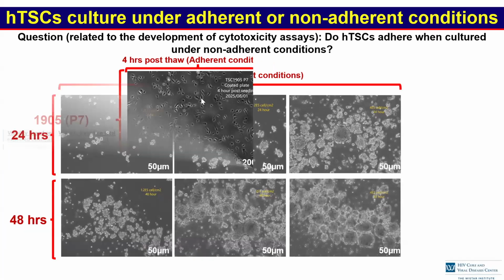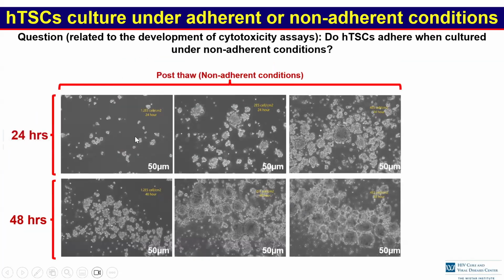So we cultured them for 24 hours at different densities: here we have 1.2 million, here 200,000, and here 400,000 cells. After 24 hours, slowly, as we increase the concentration, the cells start forming embryonic bodies. At 48 hours, this phenomenon is even more intense.